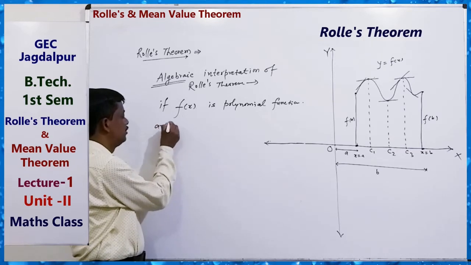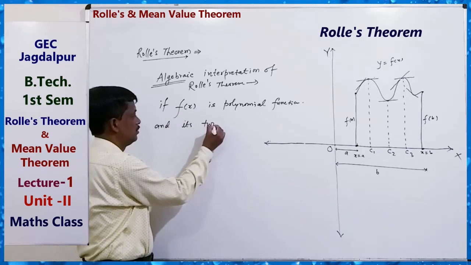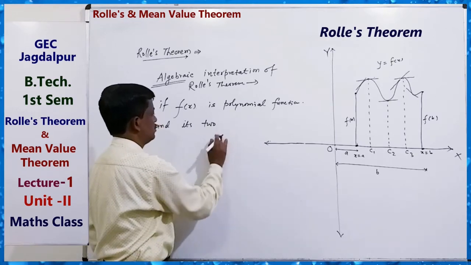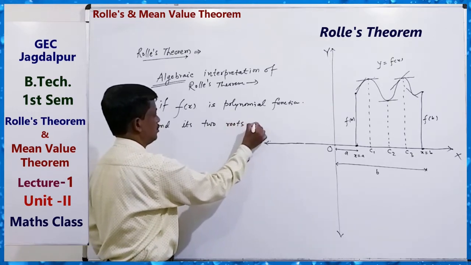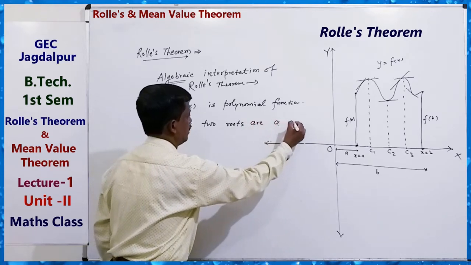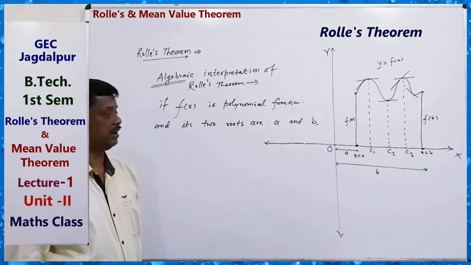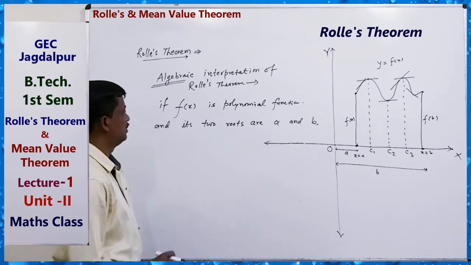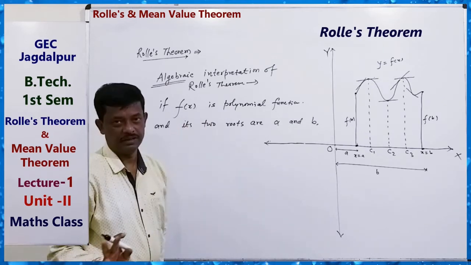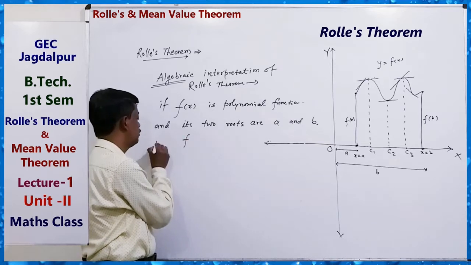its two roots are a and b. If f(x) is a polynomial function and its roots are a and b, that is what?